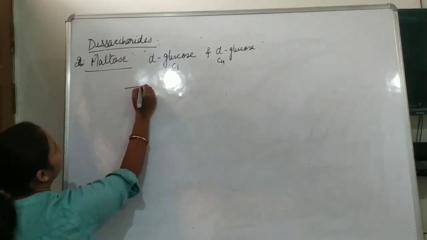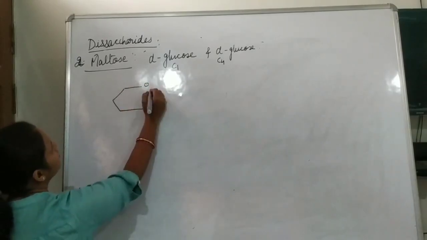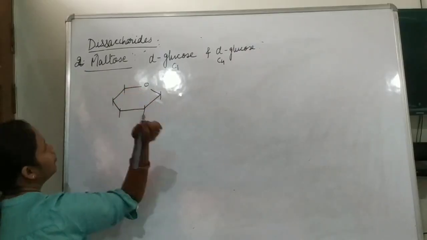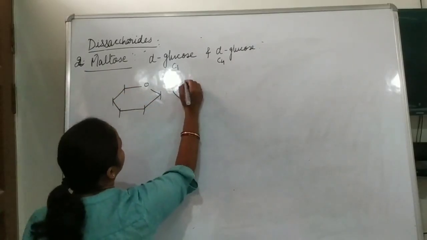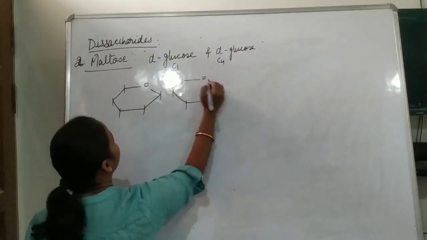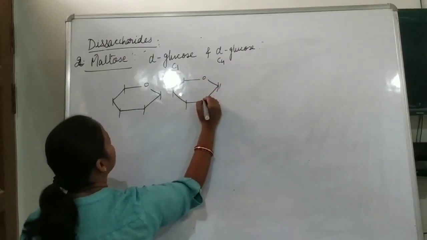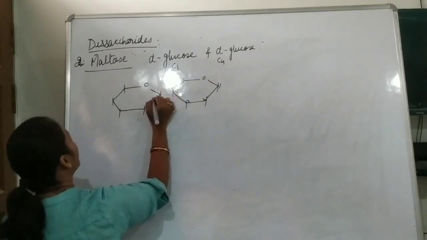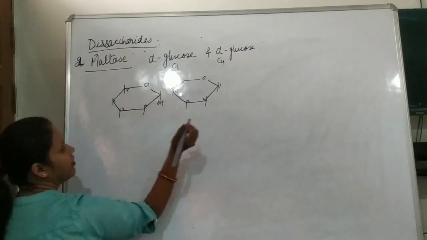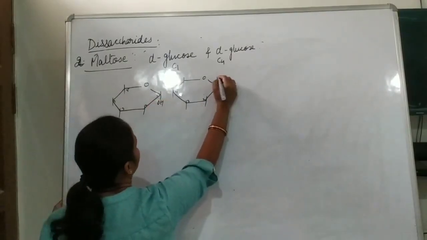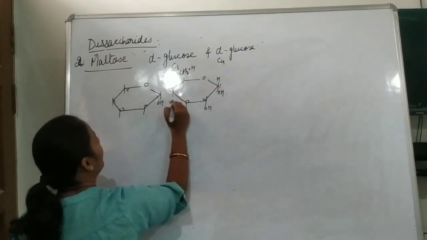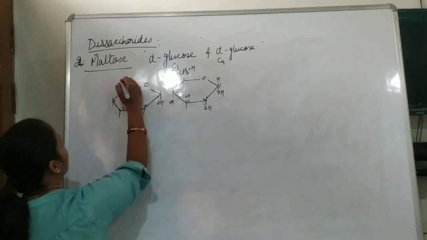What is the structure of alpha glucose? You have to practice it. The more you practice, the more you will understand. This is 1, 2, 3, 4, 5. Since it is alpha, the OH will be at the bottom. Up, down, and down.